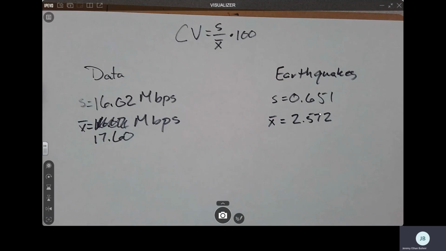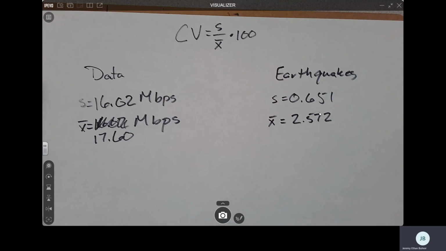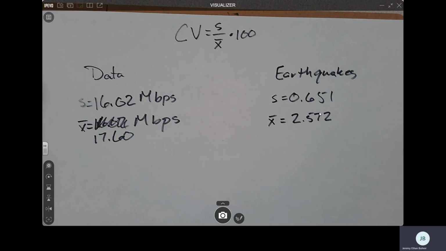So to do that, we're going to come over here where I've written down the data, and we need to calculate the coefficient of variation for each of these data sets. So the coefficient of variation is just s divided by x bar times 100.